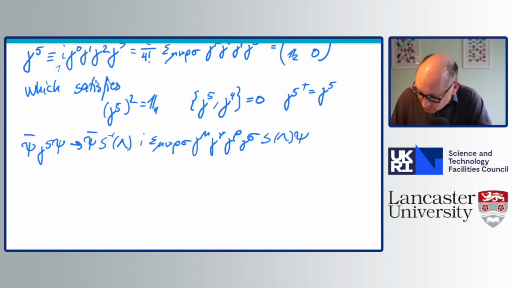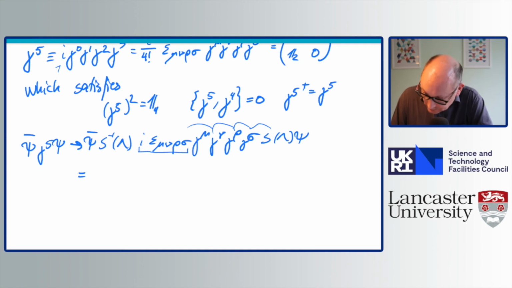And as before, every time we commute this S through all the gamma matrices, we get a Lorentz transformation matrix lambda mu. And the i epsilon, that's just a number, we can take that out of the spinor multiplications because it's only dependent on the Lorentz indices.